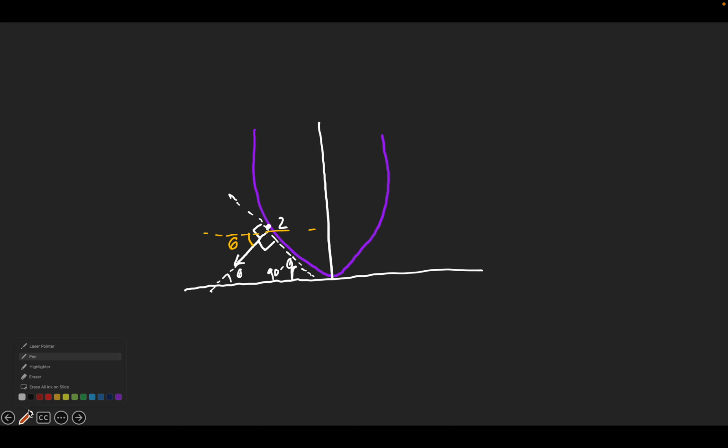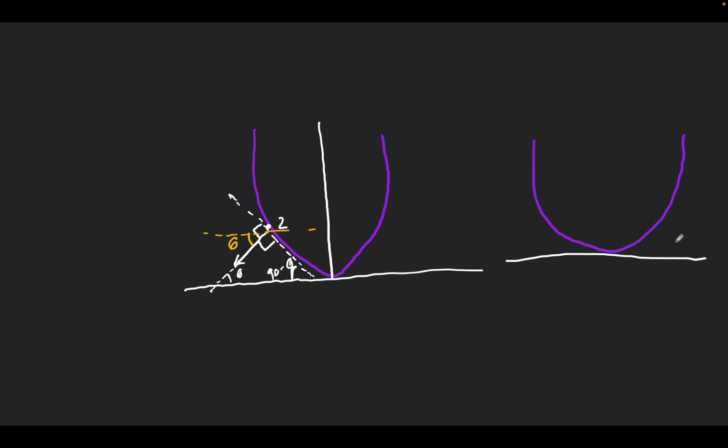Let me draw once again for your ease. Say this is our parabola. This is the horizontal axis, this is the vertical axis, the y-axis. This is the point 2.